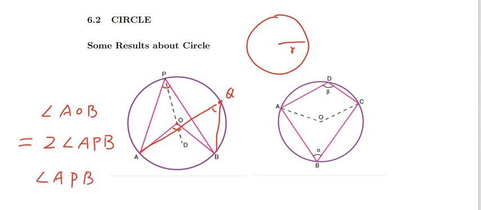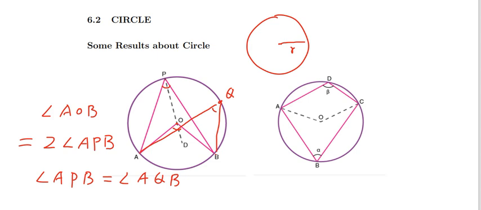Angle APB equals angle AQB. If they face the same arc, then we know they are the same.